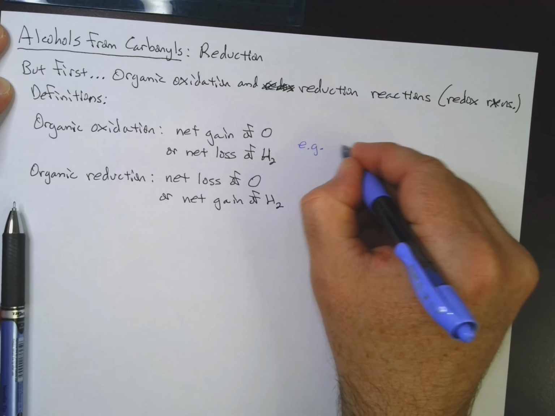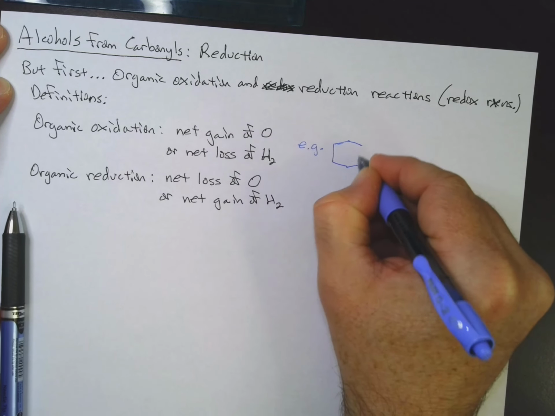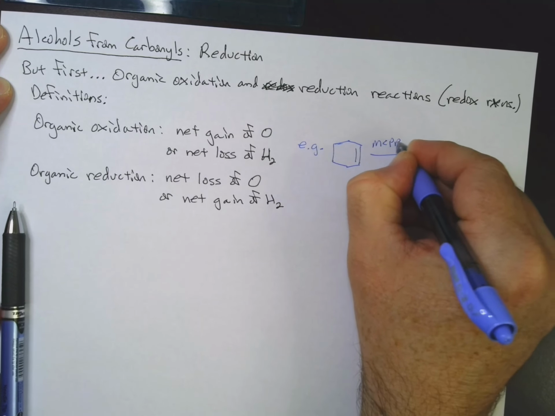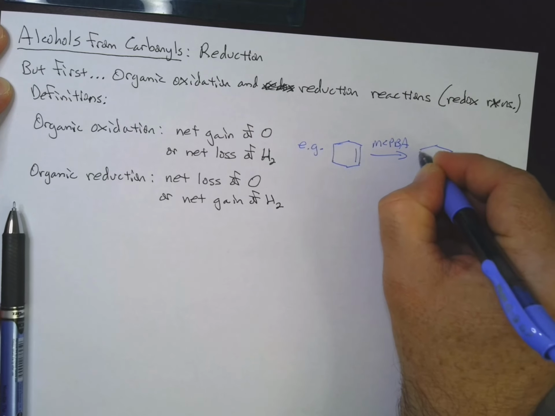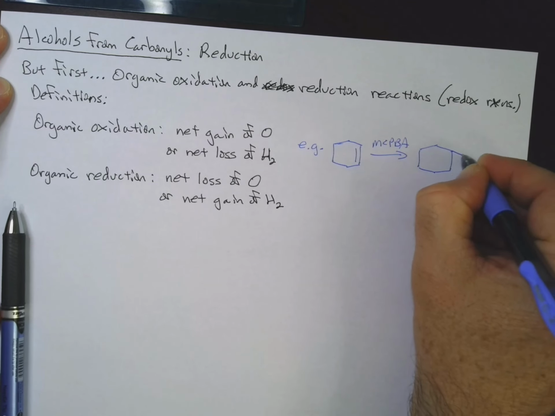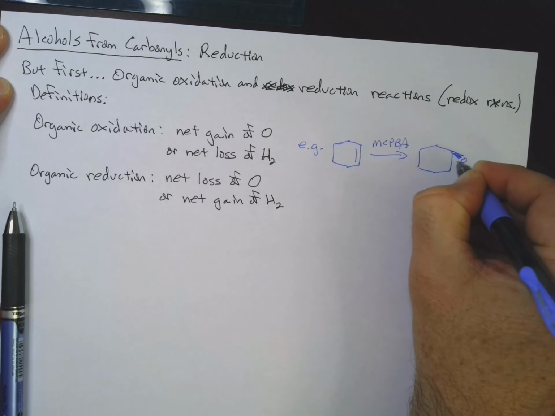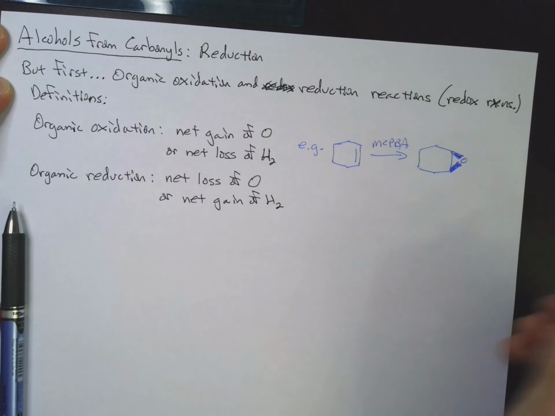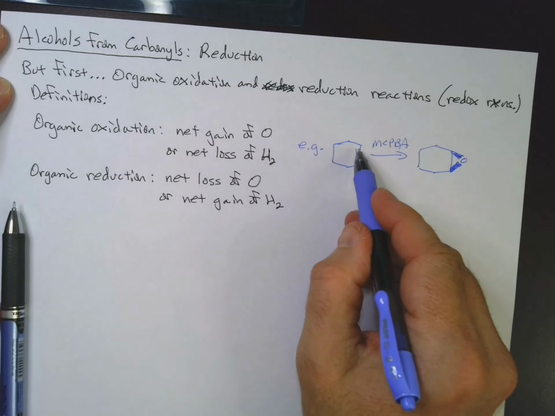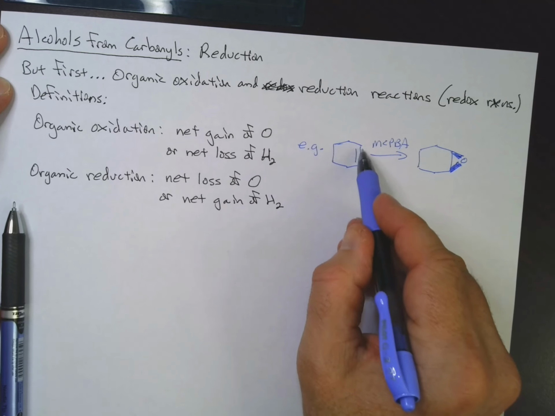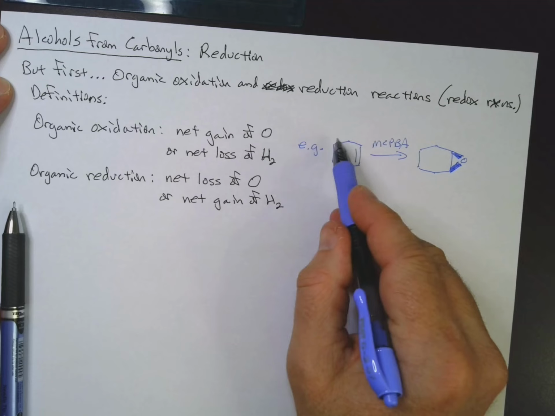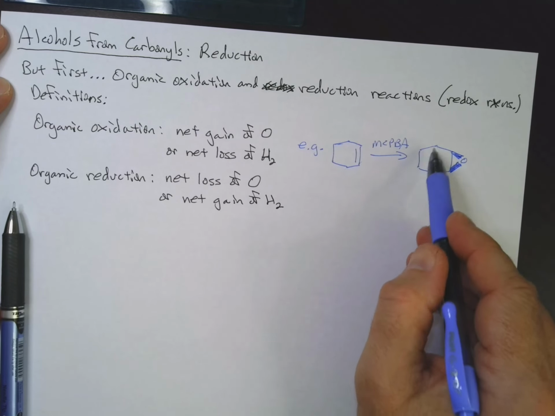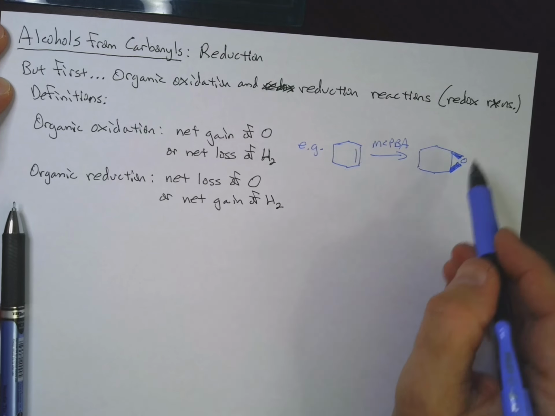So, for example, if we did our epoxidation, that is an oxidation. I've gone from C6H10 to C6H10O.